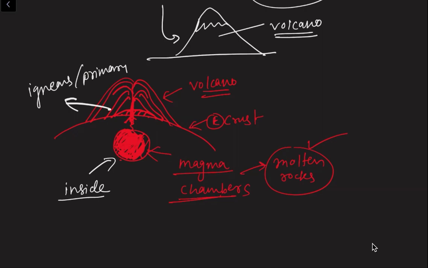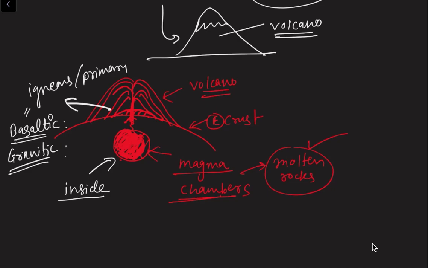Mostly this igneous rock is basaltic in nature, that is basalt. Sometimes it is also granitic in nature, but that we will discuss later. When basaltic in nature, what happens? When granitic in nature, what happens?